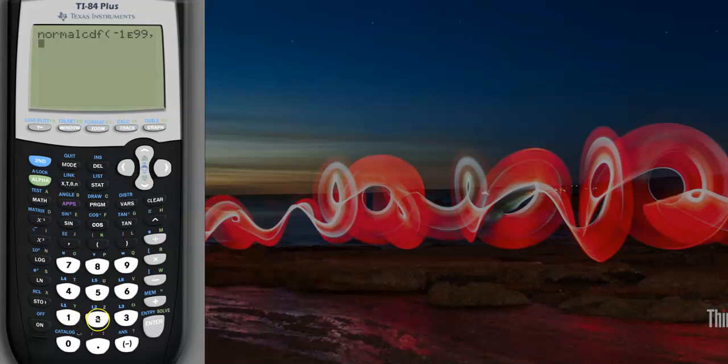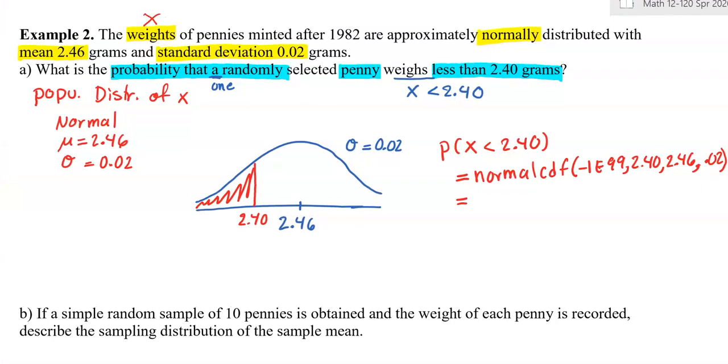Then we're going up to 2.40 with a mean of 2.46 and a standard deviation of 0.02. Close the parentheses. So then we get 0.0013. So we're looking at 0.0013. This is going to be our final answer. So this will be the probability that one randomly selected penny weighs less than 2.40 grams.